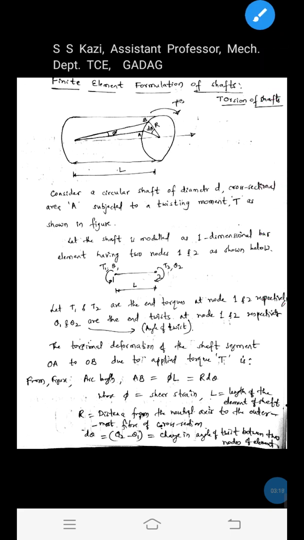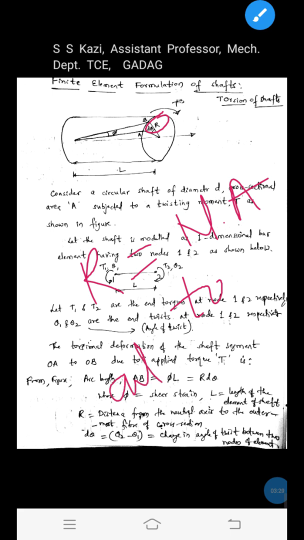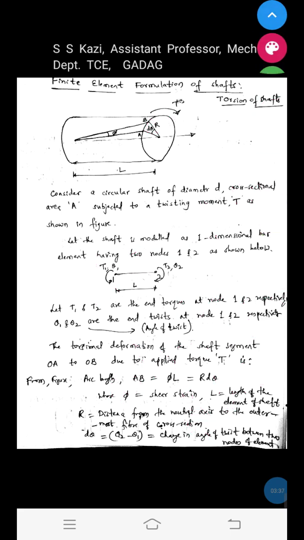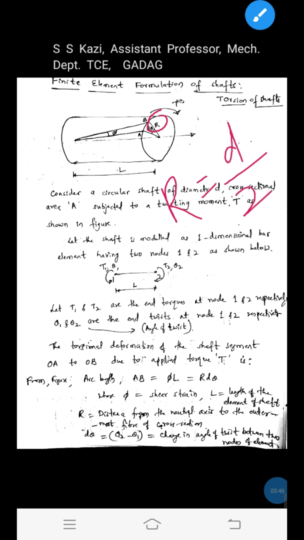Next, let capital R be the distance from the neutral axis to the outermost fiber. Here you can observe that R is the distance from the neutral axis to the outermost fiber. Hence, for the solid shaft, R will become the radius of the shaft.